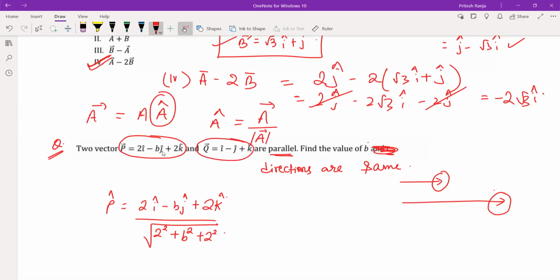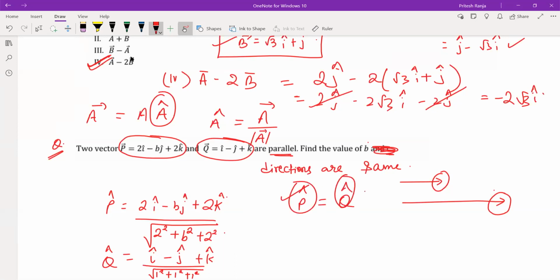Similarly, find the direction of the q vector. So what will q cap be? i cap minus j cap plus k cap divided by root of 1 squared plus 1 squared plus 1 squared. So now we can say p cap is equal to q cap, right? Their directions are equal.